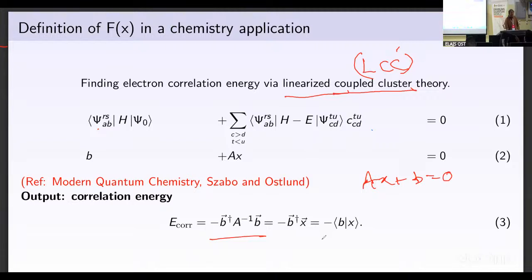So basically this becomes an overlap between the vectors b and our solution vector, which we are finding by HHL.